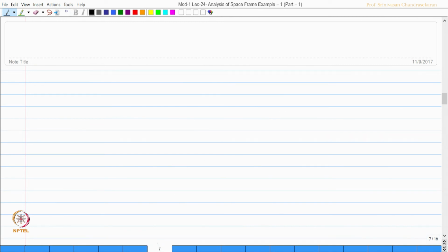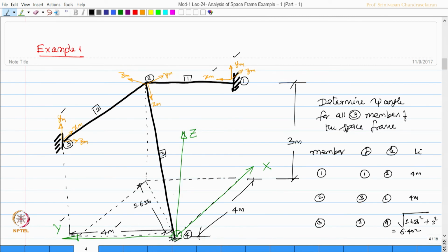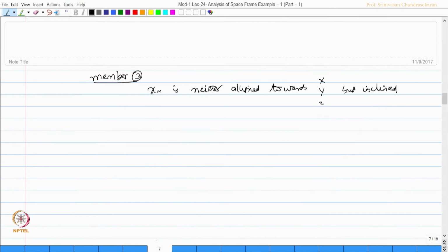Let us go to member 3. Member 3, xm axis is neither aligned towards x, y or z, but inclined, is it not? You can see here it is inclined. In such situation, you can do both the transformation.